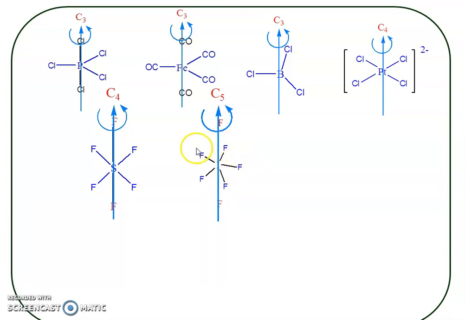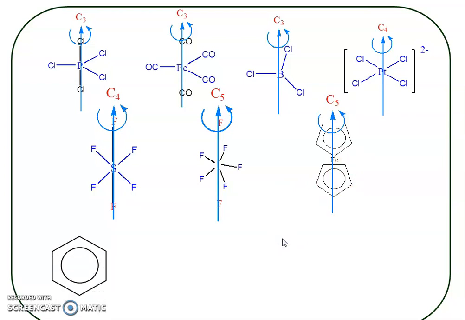In this way, step by step, when the molecule is rotated 5 times through an angle of 72 degrees, the resulting structure will be the identical structure, and therefore here the C5 axis is there. Similarly in ferrocene there is a C5 axis, so the molecule needs to rotate along this axis 5 times through an angle of 72 degrees to get an identical structure.